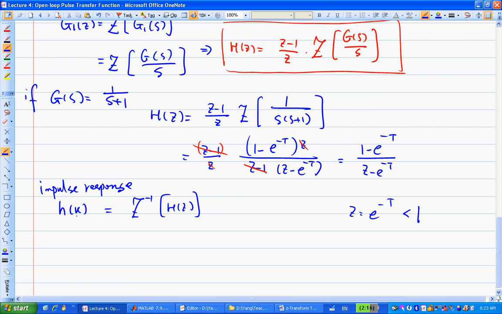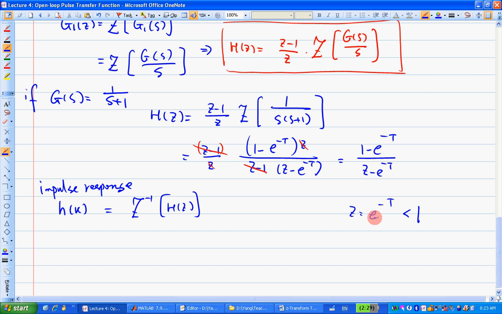For the time being, I can tell you that if the sampling time is small, meaning you have a fast sampling frequency, then e to the power of a very small negative number is going to be close to 1. If T is big, it's going to be close to 0.